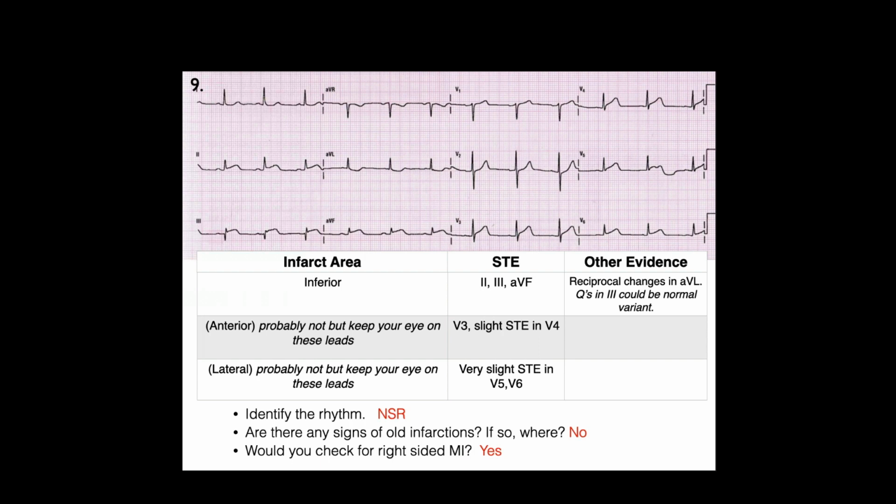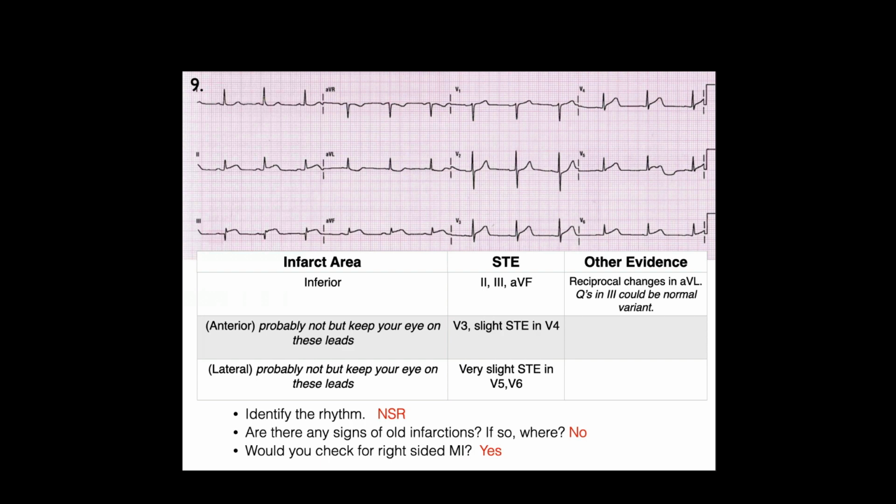But I think all of these leads are kind of suspicious looking, and I want to keep my eye on them. Especially with there being a legitimate elevation in 2, 3, AVF, wouldn't that kind of raise some red flags? Like you already have a definite elevation in 2, 3, AVF, if you're also seeing it in V3. Well, maybe. I mean, not necessarily.